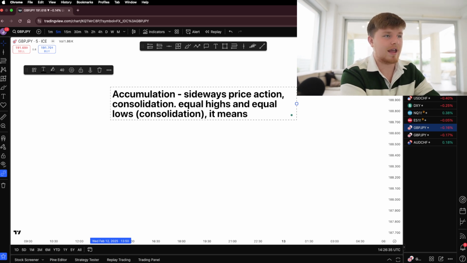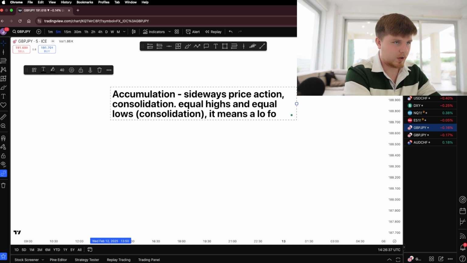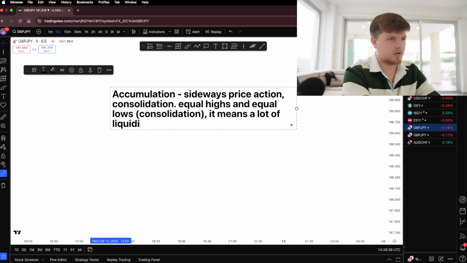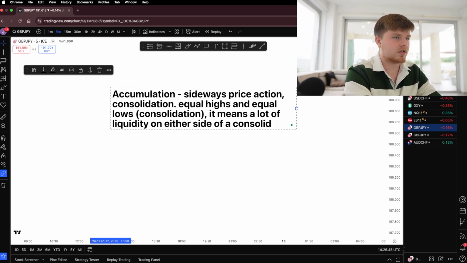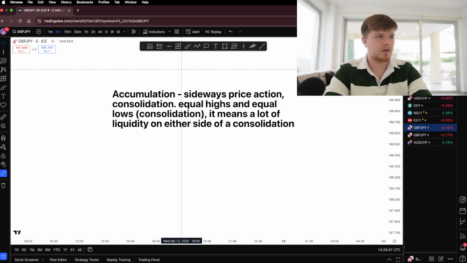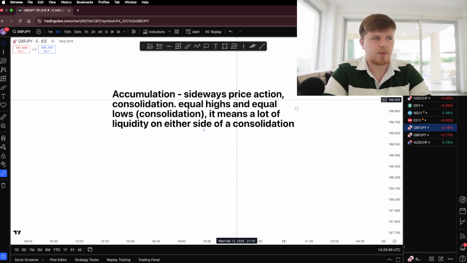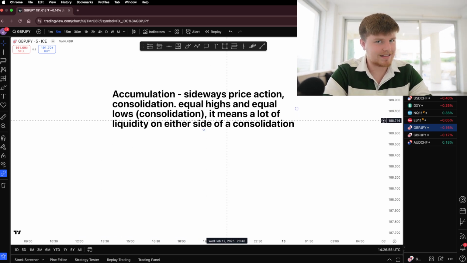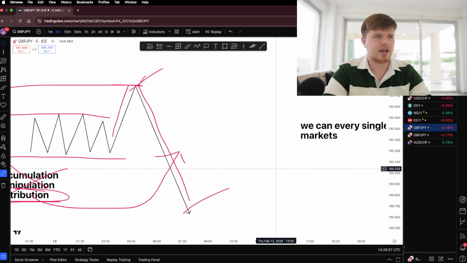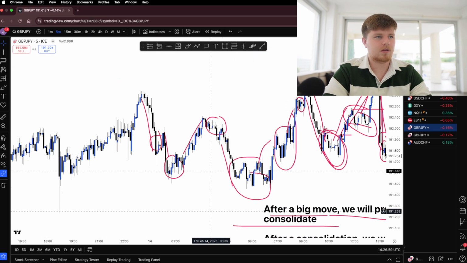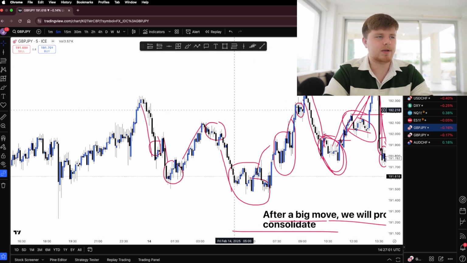It means there's a lot of liquidity on either side of a consolidation. If we go onto the chart again, I'll show you what I mean. So accumulation is sideways price action, or a consolidation with equal highs and equal lows. It means a lot of liquidity on either side of a consolidation. So it accumulates liquidity.